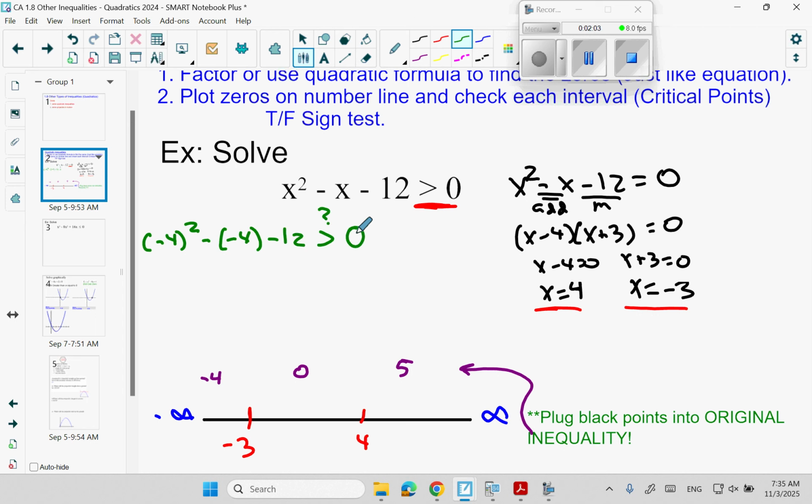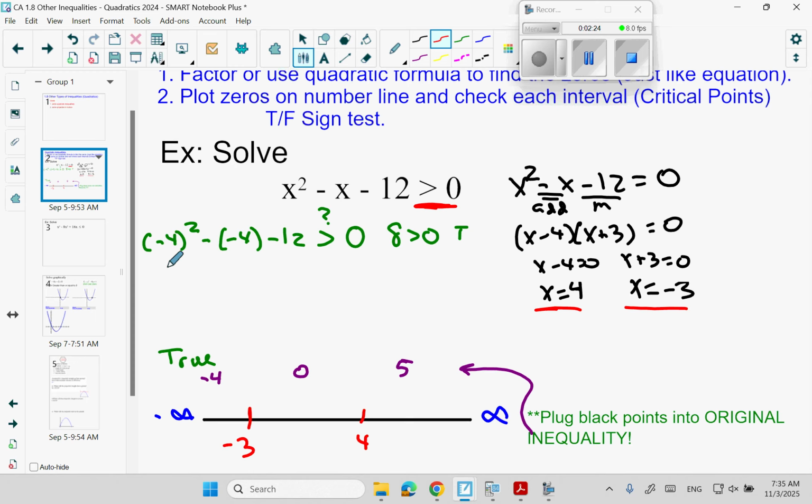And I'm going to test if it's greater than 0. Well, negative 4 squared would be 16. Minus negative 4 would be the same thing as adding 4. So 20 minus 12 gives me 8. Is 8 greater than 0? That's true. So I'm going to say this is a true statement for that segment.